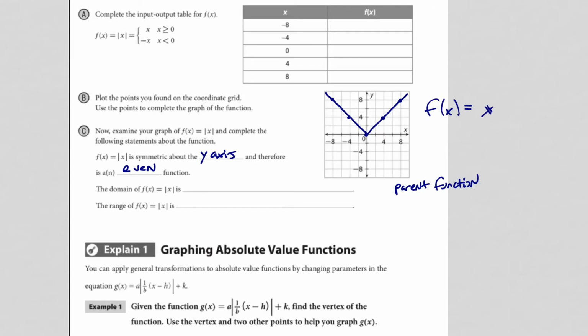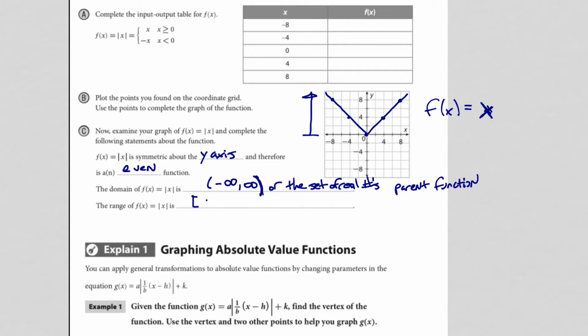The domain of the absolute value of x is the set of all real numbers, written as an interval like so, or the set of real numbers. And the range for this particular parent function goes from 0 and up.